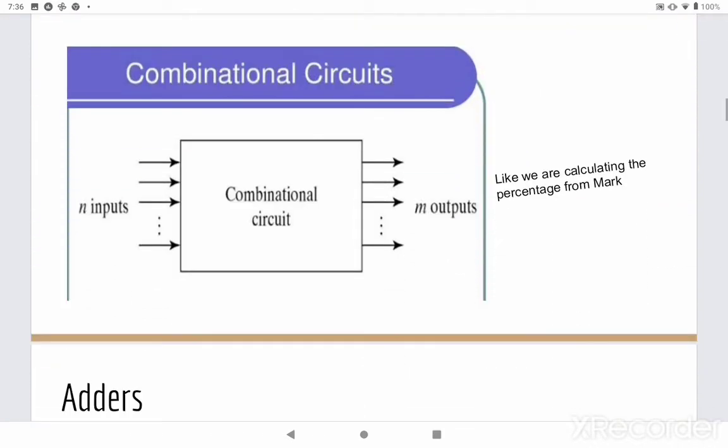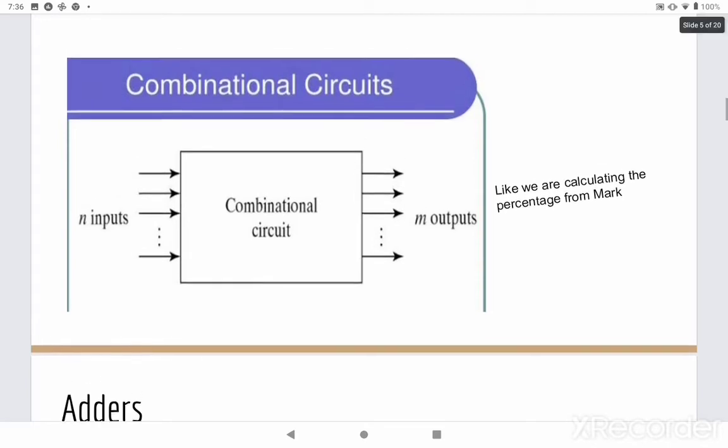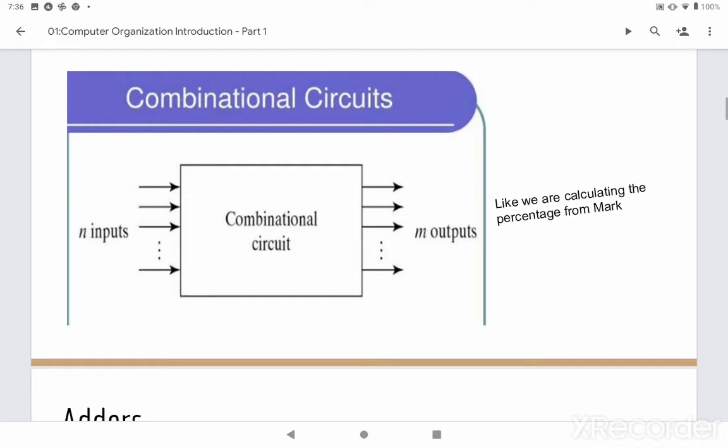You can see this is again a block diagram. It indicates that the combinational circuit is getting n inputs and processing the data, and it will give you m outputs. So just imagine that you are getting some marks in your examination. After getting the marks in those particular papers, only then can you find your percentage of a subject or of your full academic year.